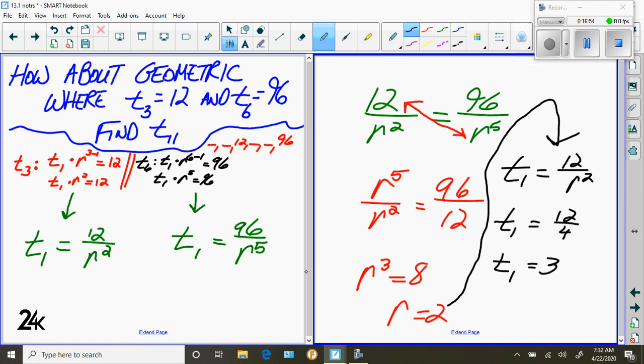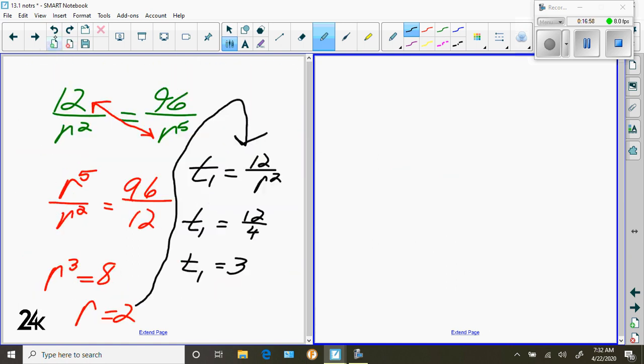Okay, so now, if the first term is 3, then I know for sure that if I was given an equation for t sub n, it would be the first term, 3, times r, 2, to the n minus 1.